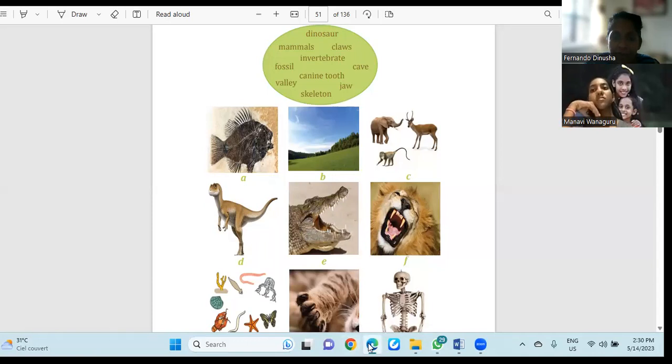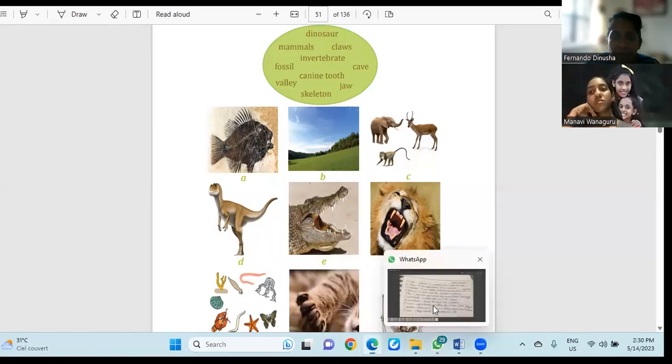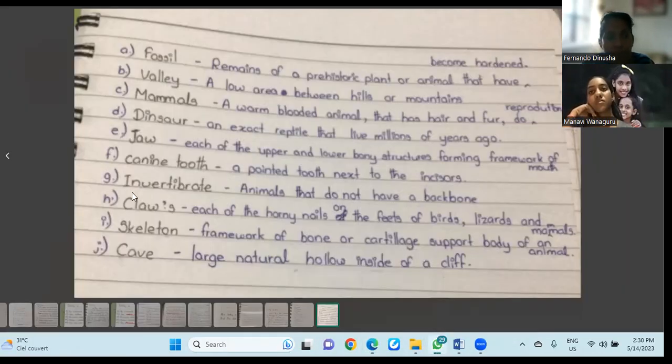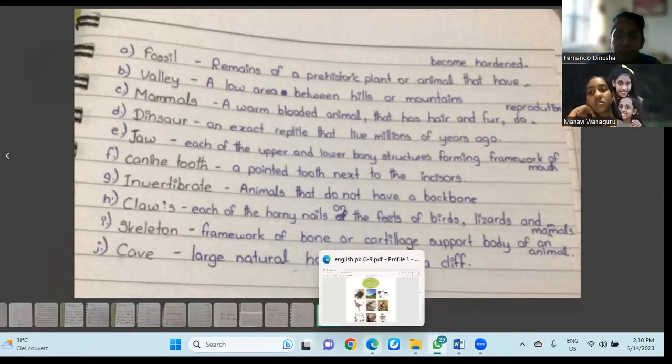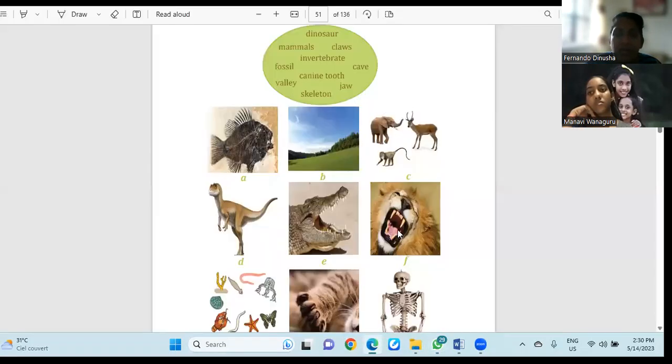F. Canine tooth: a pointed tooth next to the incisors. Pointed tooth, this is called, what is its name? You might have learned in physical science, I suppose, or in science.